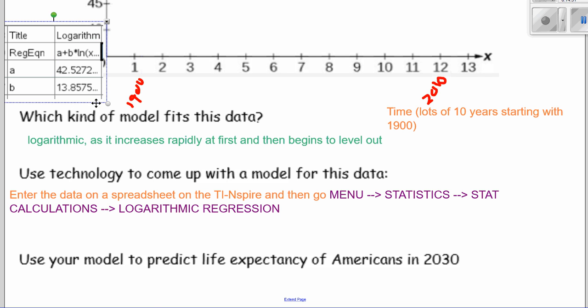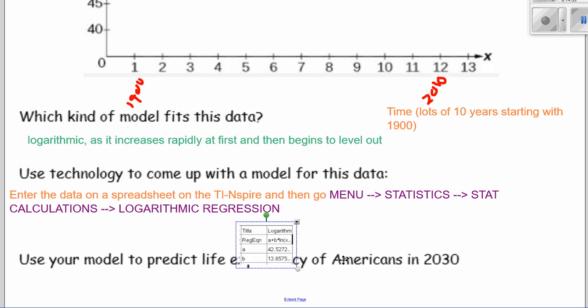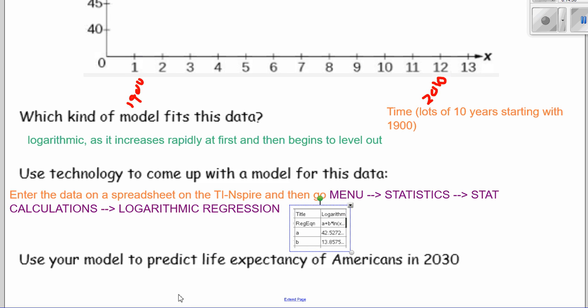Brilliant. So don't just do this, what you should be doing is writing it out properly. So we've got, we'll call it x and y. So we can go y equals life expectancy equals A, which is 42.5 to 3 sig figs, 42.5 plus B, and B is 13.9 to 3 sig figs, 13.9.